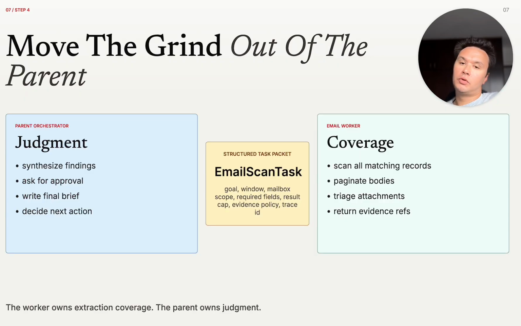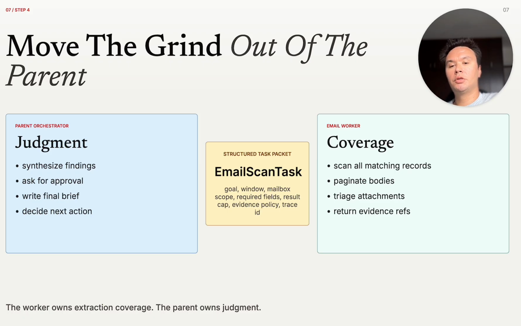So moving to the fourth step, this is where the architecture really starts to change. We move the grind into workers. The parent agent should decide. It should synthesize, it should ask for approval when needed, it should write the final brief that a human reads.